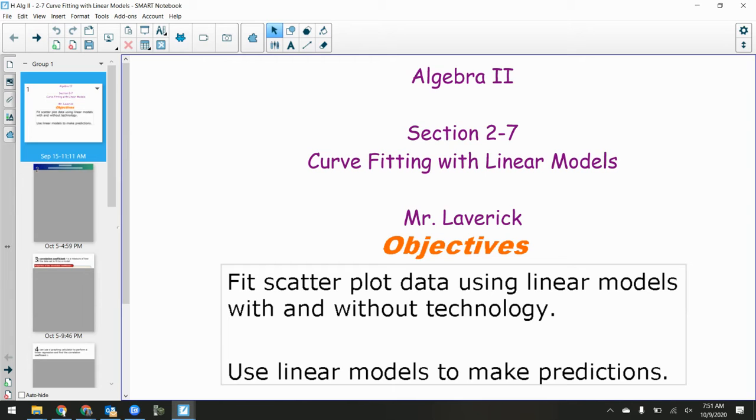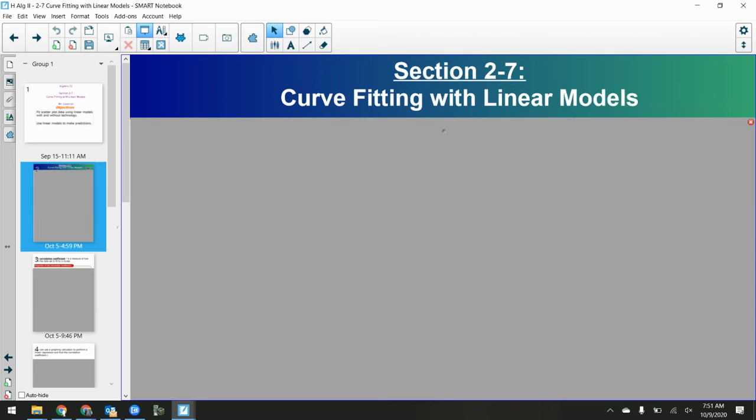I'm talking like you've taken statistics, you've taken readings or observations of things, and you're saying, okay, what can I tell about what I've seen? That's what we're working with here. I can input information into our calculator, and it will generate for me an equation. So, curve fitting with linear models.